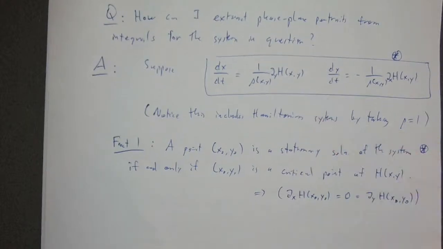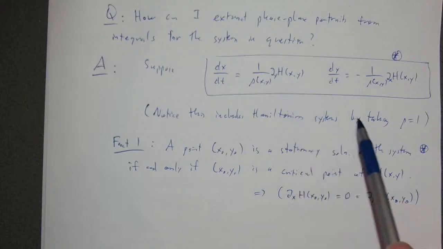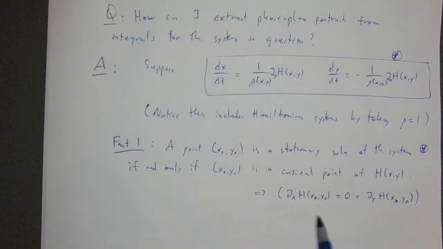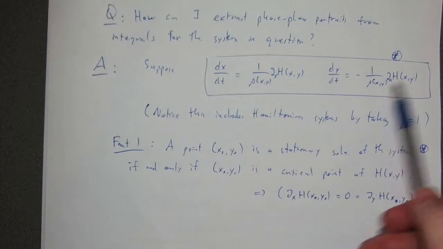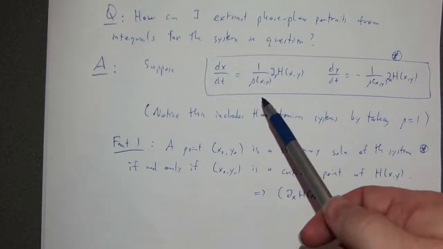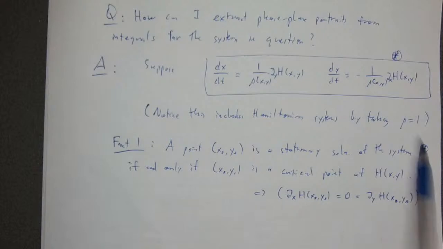Well, now you can see, if the y partial of h is 0, then this right-hand side is 0. If the x partial of h is 0, then this right-hand side is 0. So this is actually just dx/dt equals 0, dy/dt equals 0. Of course, that's exactly what we did to find the stationary solution. So this is not a very deep fact just from that.